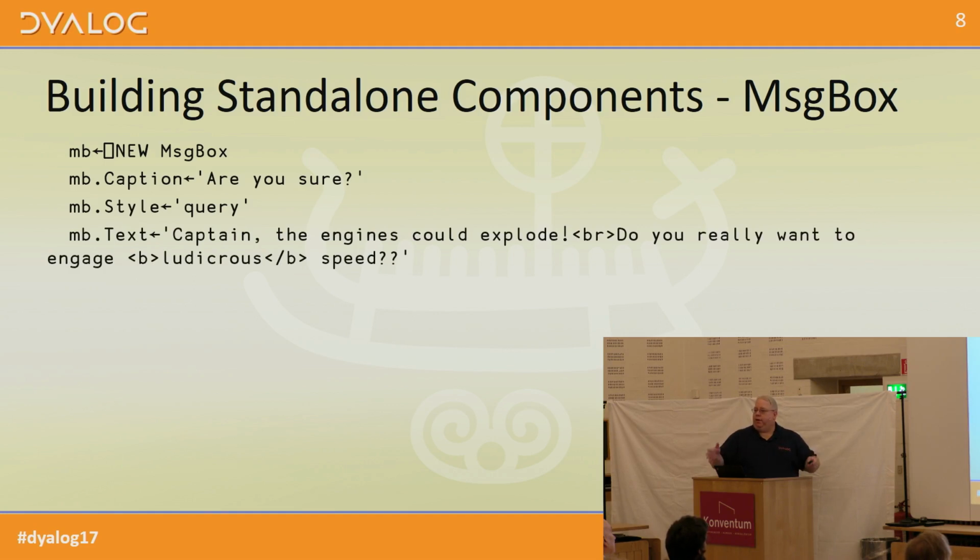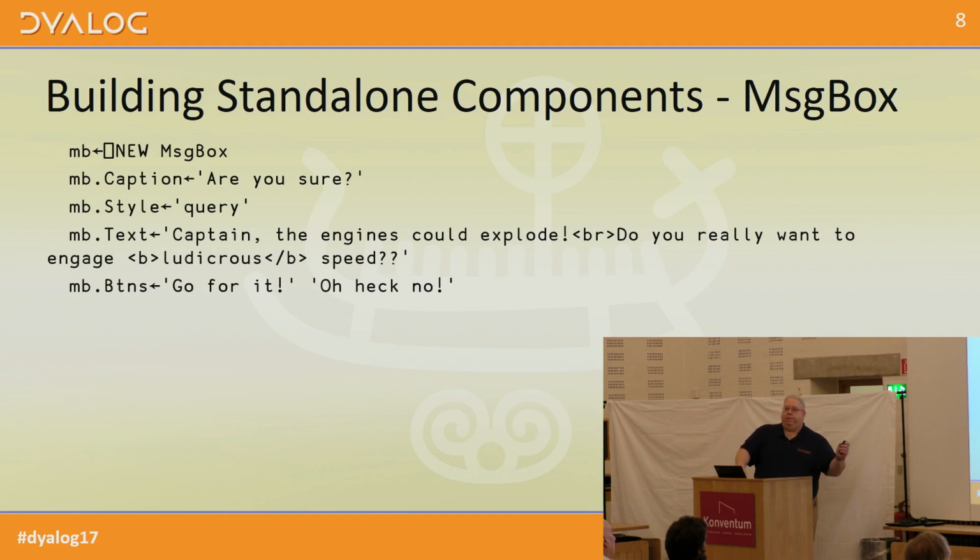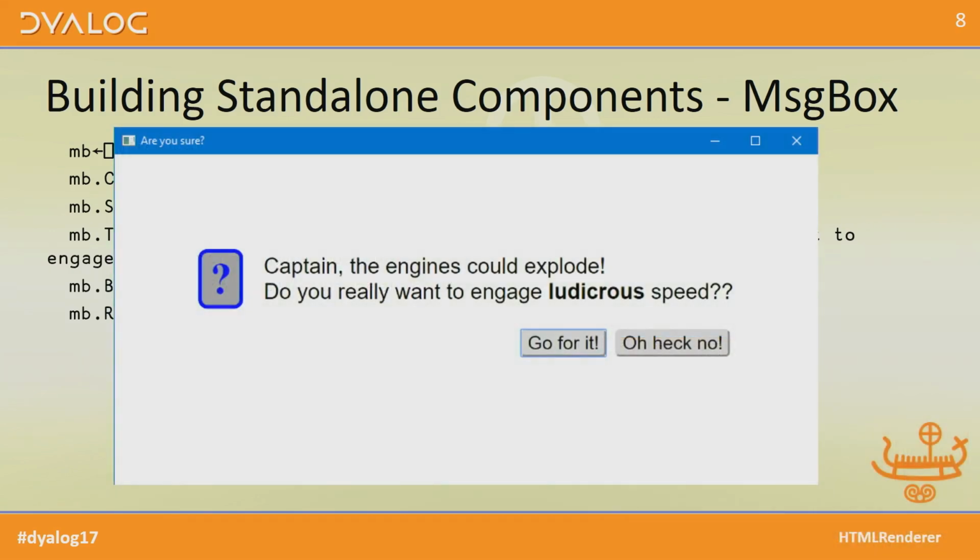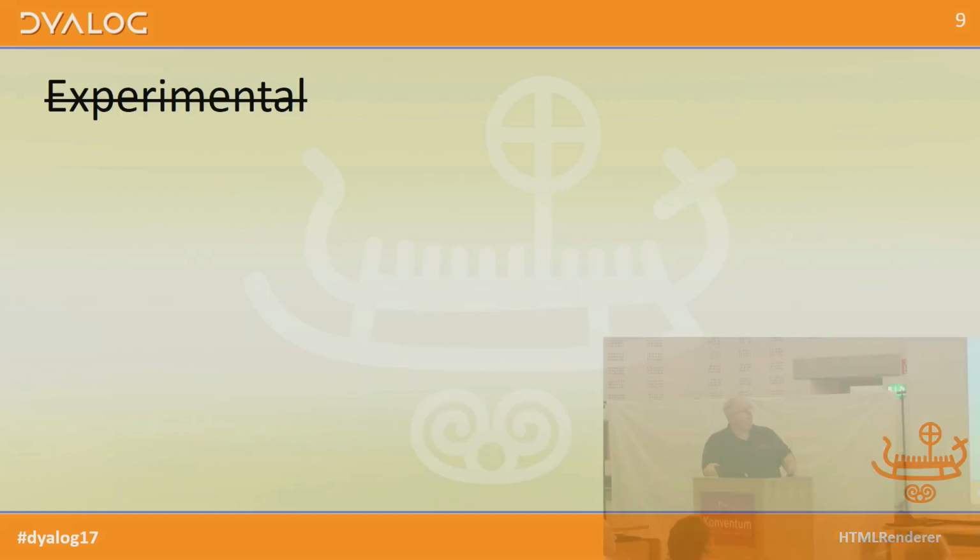We tried to make all the arguments align so that the paradigm shift would be smooth. And one of the things that you can do in this is you can give it as many buttons as you like and assign whatever text you want to them. And then you run it, and you get something that looks like that. And then when you click on one of the buttons, it returns the index of the button you clicked, or if you close the form without clicking a button, it returns a -1.